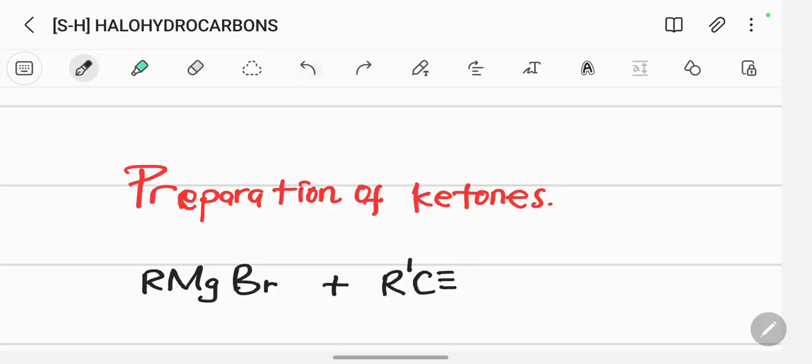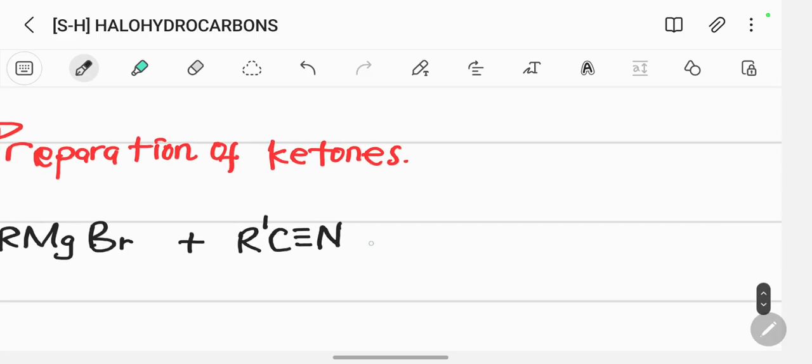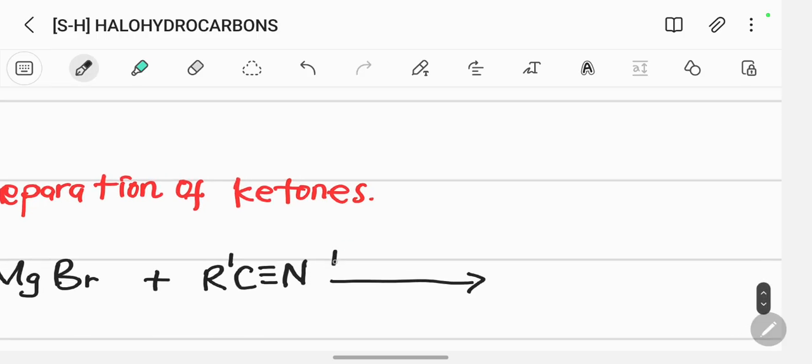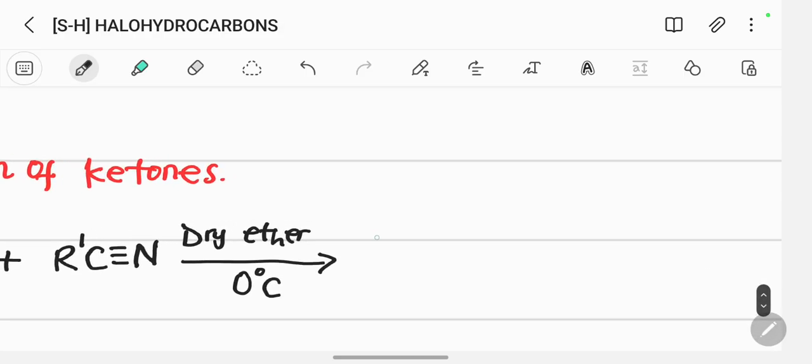So as I add it to a nitrile, it's going to be dry ether and 0 degrees Celsius. So what we get is R, C.